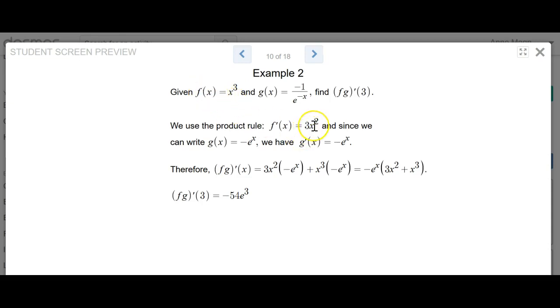So f prime of x is 3x squared. g prime of x is just equal to g of x, because that's e to the x. So therefore, applying the product rule, the derivative of the first times the second plus the first times the derivative of the second gives us this function. And we're supposed to evaluate it at 3. We'll just simply evaluate this function at 3.